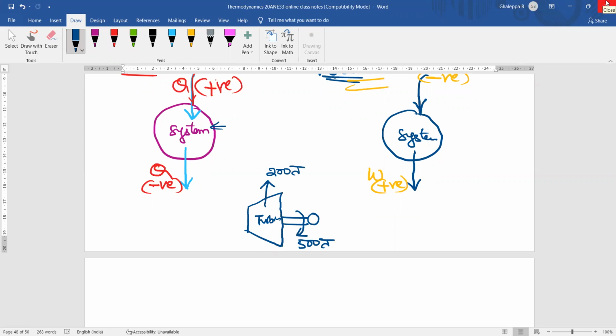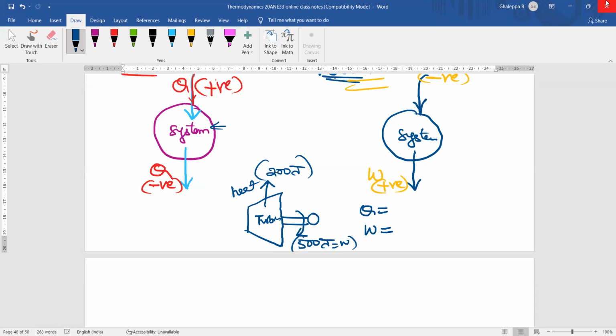Who will tell the answer for this question? How much will be the value of Q? How much will be the value of work? You apply the sign conventions. This 200 joule is heat, and 500 joule is work. So negative or positive?